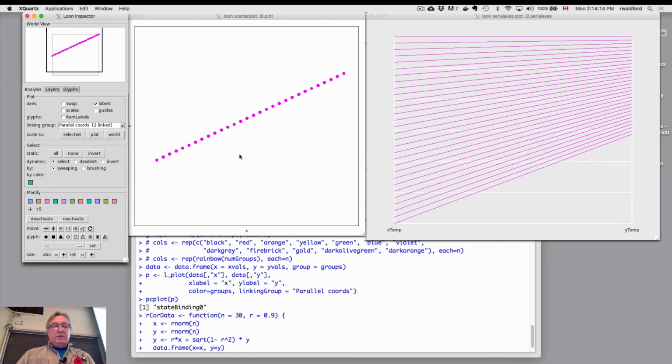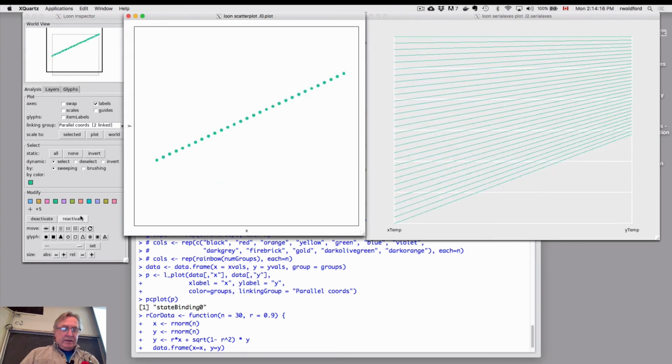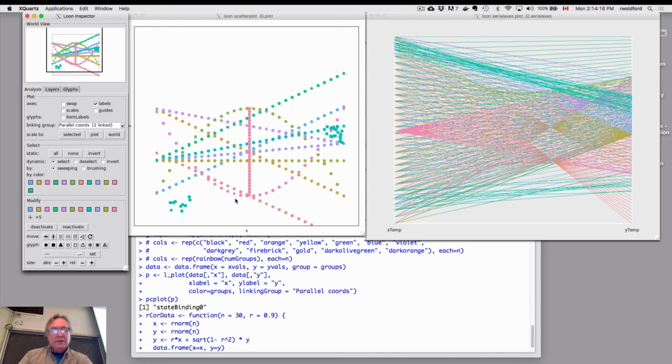So put those back where they were and get everything back. What haven't I done? Let's look at this purple one, there's a negative one. I should have jittered that one.